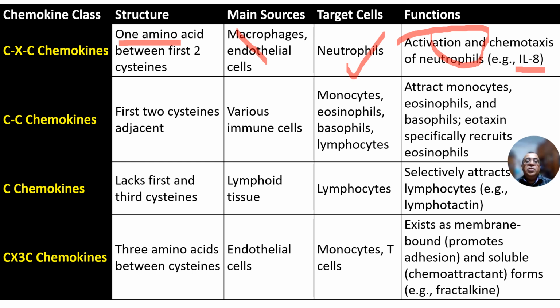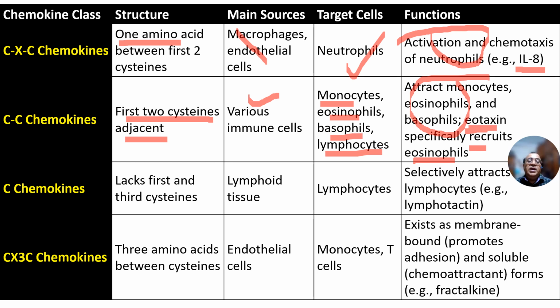The CC chemokines have the first two cysteines lying adjacent, and they are derived from various immune cells. The target cells are monocytes, eosinophils, basophils, and lymphocytes, and they attract these cells. Eotaxin, one of the members of this CC chemokine, especially recruits eosinophils.